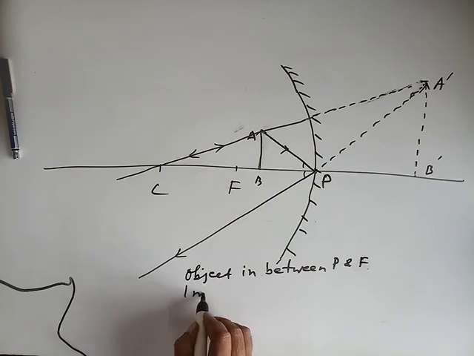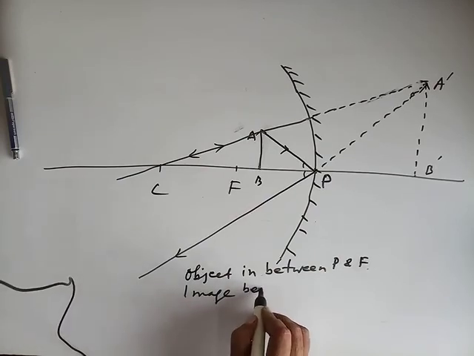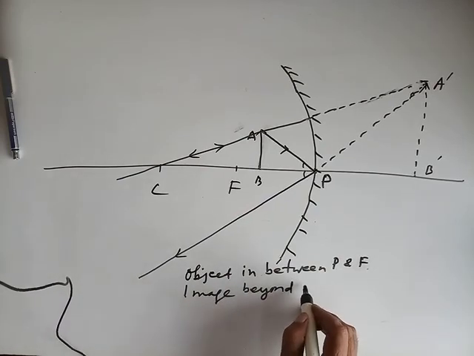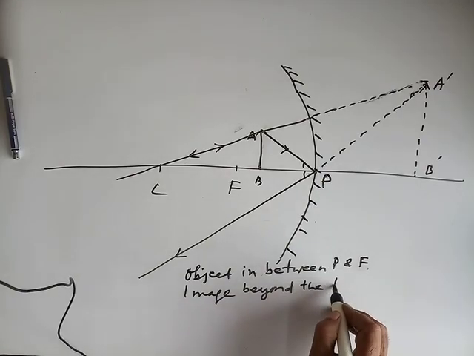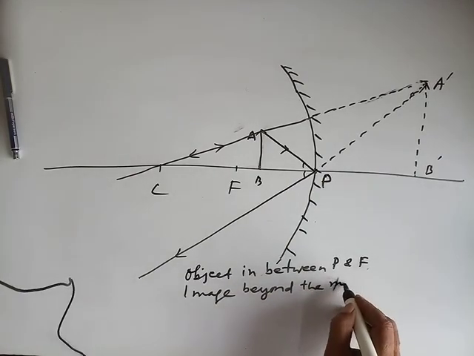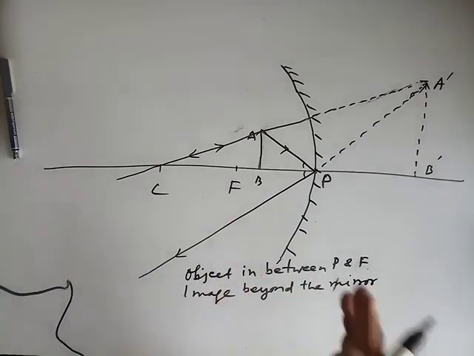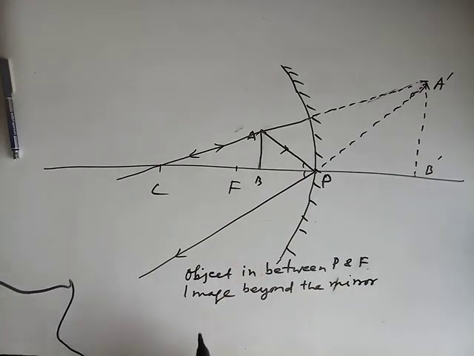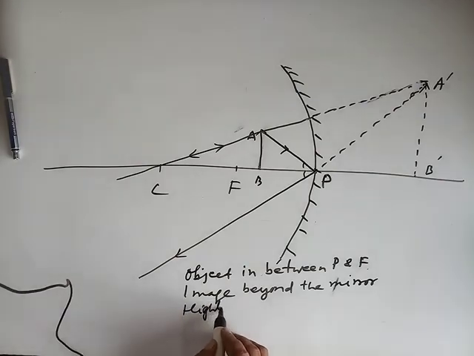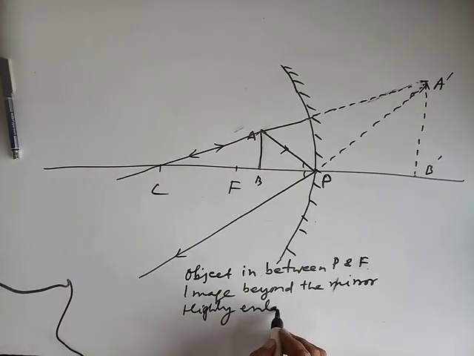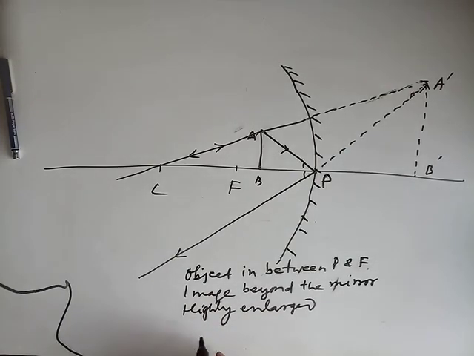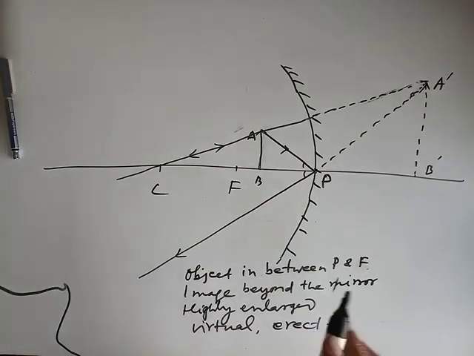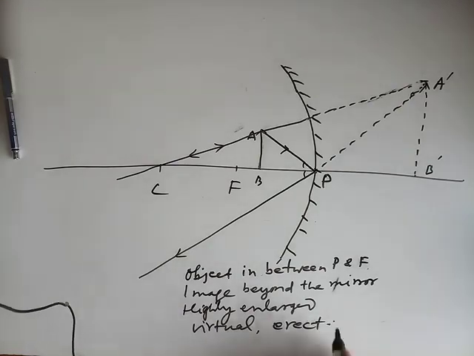Image, where is the image? The image is beyond the mirror, मिरर के पीछे, beyond the mirror is here, and this is highly enlarged, and it is virtual, and it is erect. ये सीधा रहता है, erect है, सीधा है. Okay, virtual images are always erect.